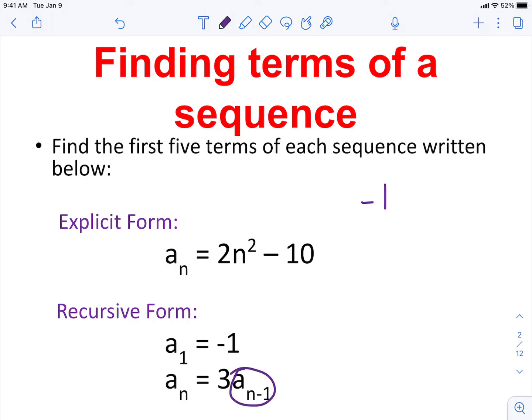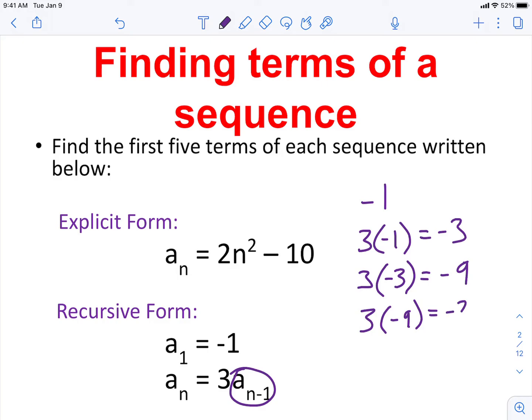So our first term is negative 1. Our next term is going to be 3 times negative 1, which is negative 3. Our next term is going to be 3 times negative 3, which is negative 9. Our next term is going to be 3 times negative 9, which is negative 27. And then 3 times negative 27, which is negative 81, like that. So you just keep plugging your answer and you keep reusing your answer in recursive form.